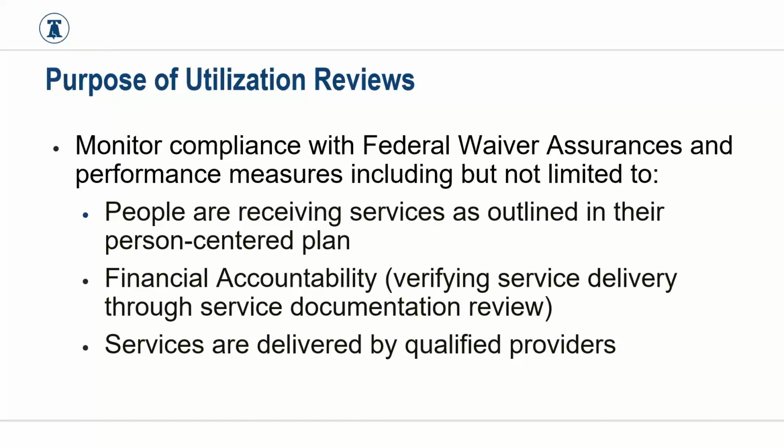Okay. So the purpose is really to monitor compliance with federal waiver assurances and the performance measures. The three main questions that will be answered are: Are people receiving services as outlined in their person-centered plans? Is there financial accountability?